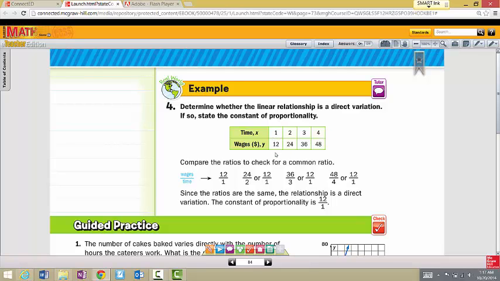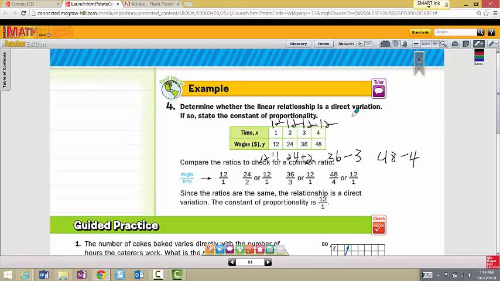So 12 divided by 1 is 12. 24 divided by 2 is 12. 36 divided by 3 is 12. 48 divided by 4 is 12.